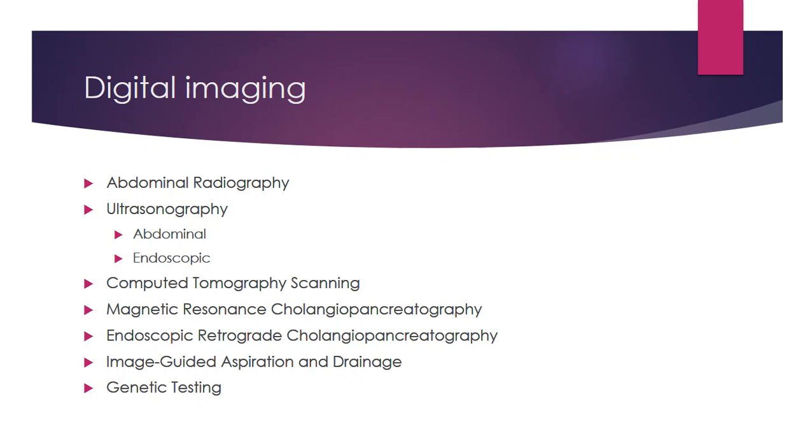Dynamic spiral CT scanning is used to determine the presence and extent of pancreatic necrosis. After the administration of an oral agent to define bowel structures, a study of the upper abdomen is performed twice, before and after administration of an intravenous bolus of iodine contrast agent.